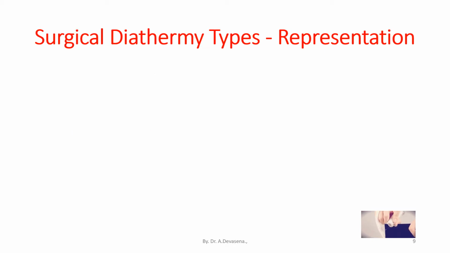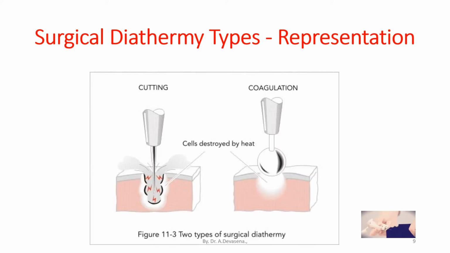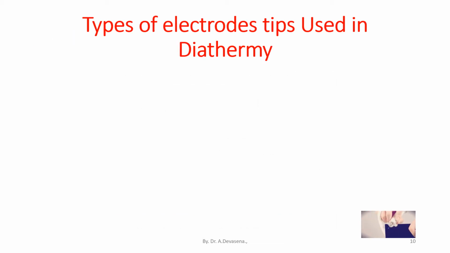Surgical diathermy types representation is shown below. The two types of surgical diathermy are cutting and coagulation. They are represented here. Types of electrode tips used in diathermy is represented here.